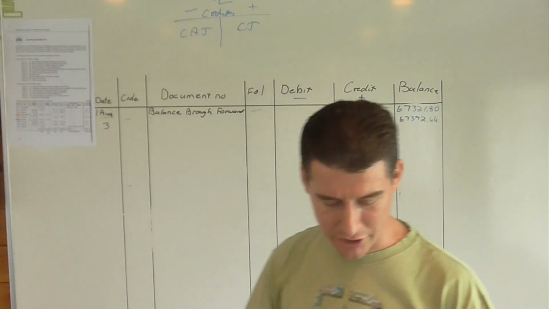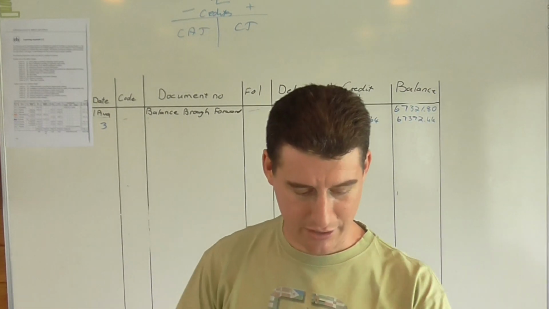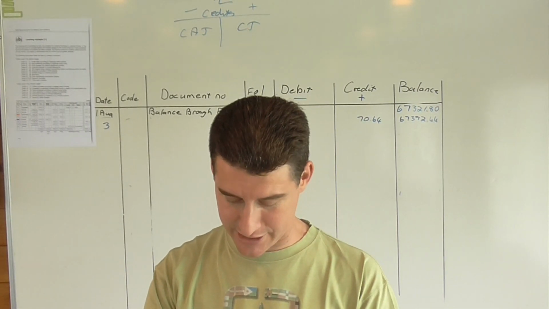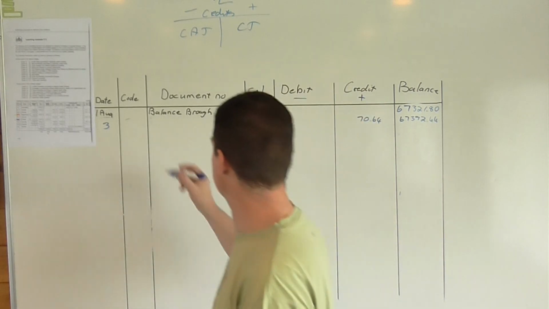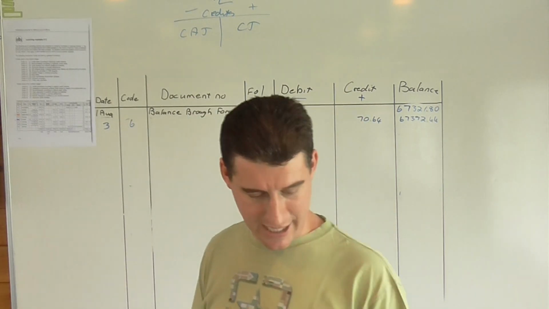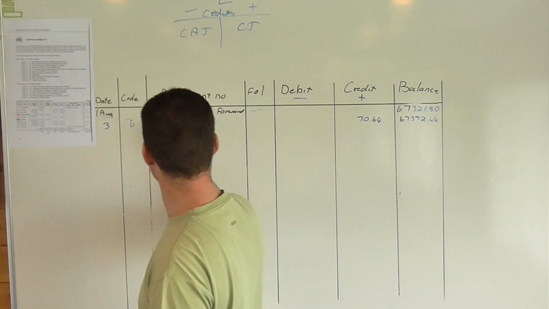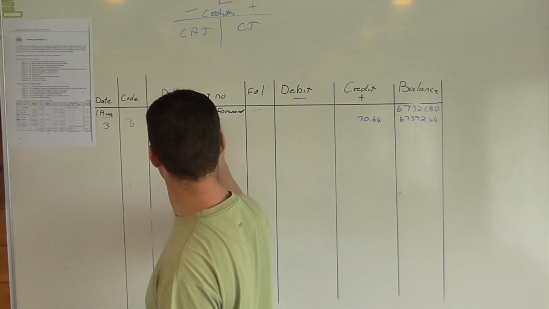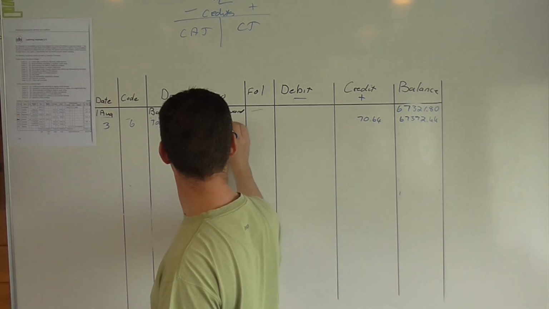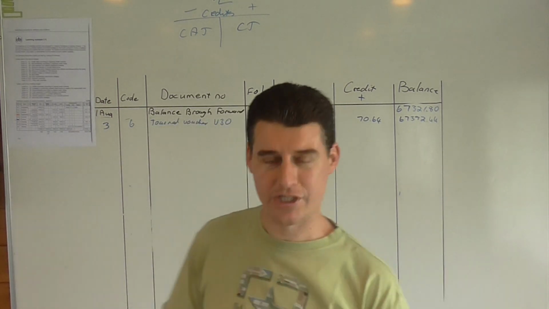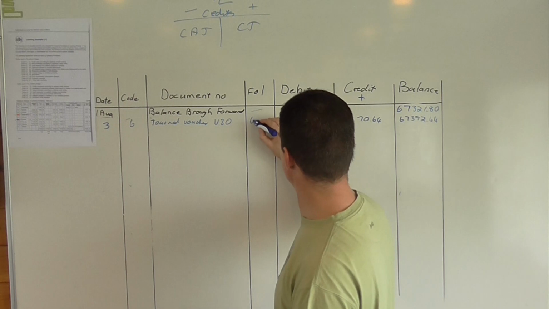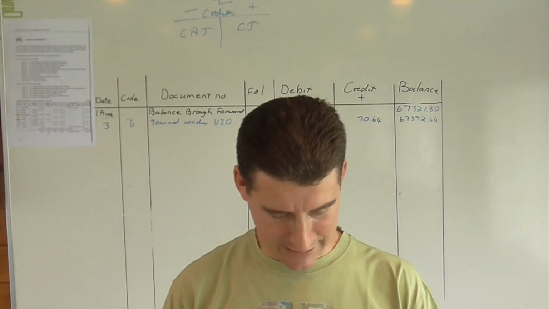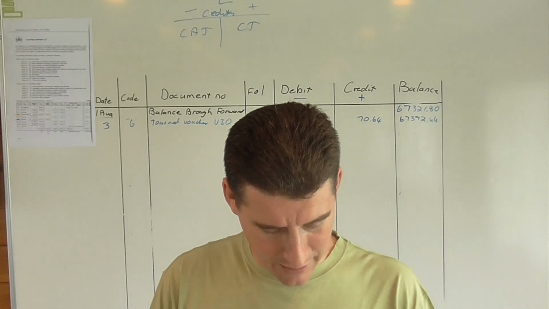It means that we charge them interest. So code number 6 is interest charged. And journal voucher V30 was issued. So journal voucher, that'll go into your general journal. Okay, simple as that.